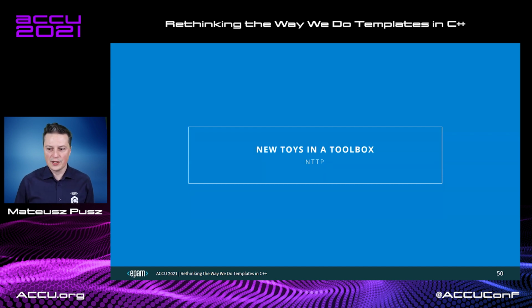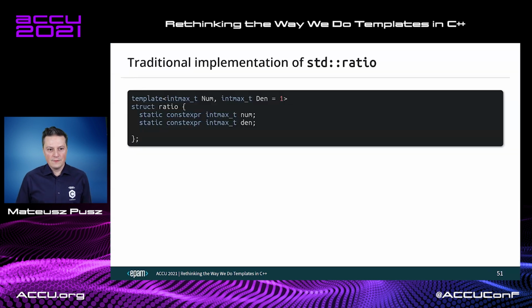And now let's switch to the next chapter, the new toys in a toolbox chapter. First, we are going to talk about non-type template parameters. If you are familiar with chrono duration and std ratio, you know that std ratio is a class template taking numerator and denominator. Two values, not types, two values. And then it exposes those as members.